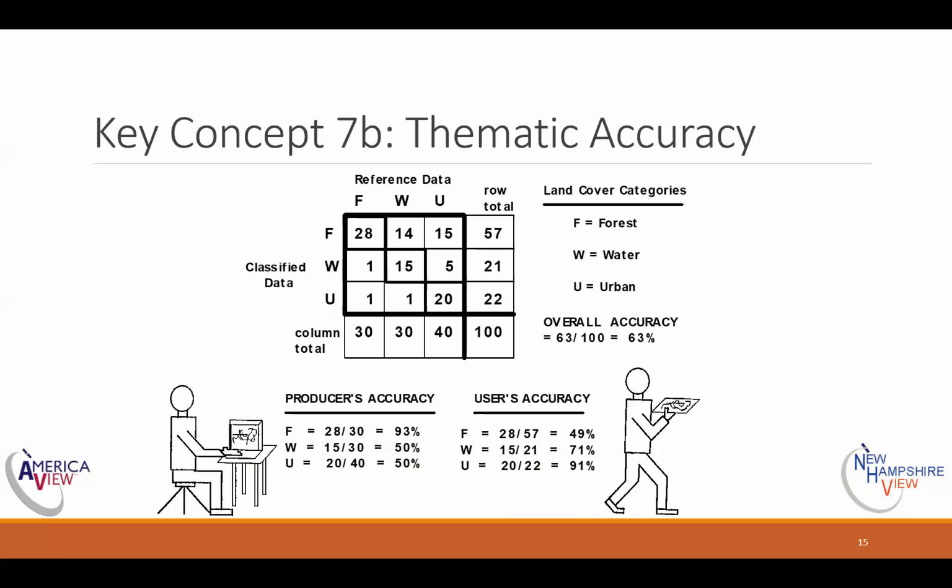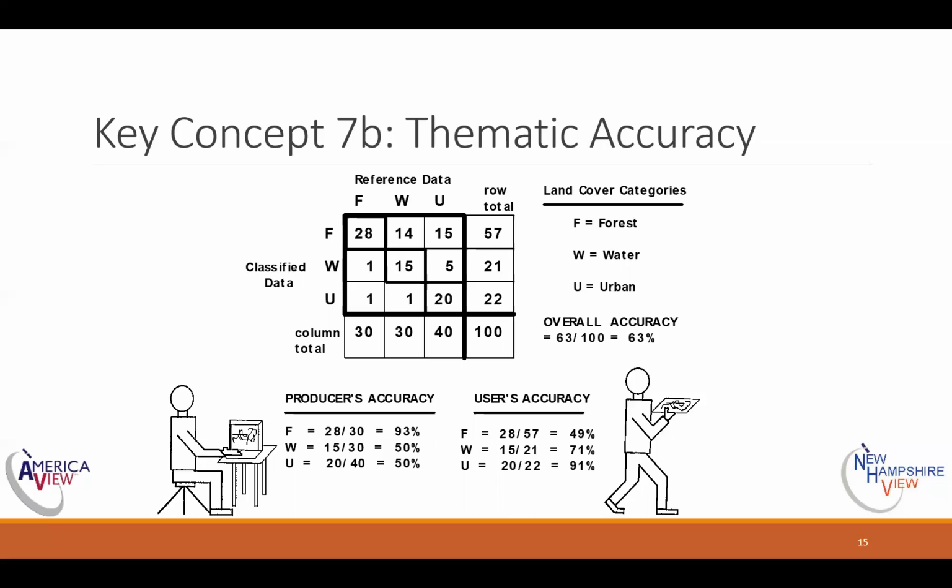Okay, so that's the agreement. And then if you look, you can see that the map said there was water 15 times, and the reference data agreed. Okay, and then the map said it was urban 20 times, and the reference data agreed. Okay, so you can see that's called the major diagonal. That's highlighted. Those are the agreements. That's where the map and the reference data agree.